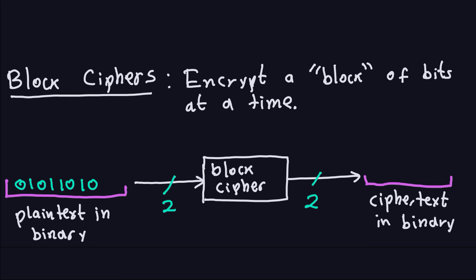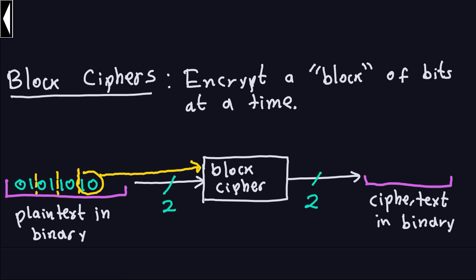So what you have to do really at the beginning is you have to divide it first into the block, whatever that block might be. So let me use another color here. So let's say you take that and you divide it into chunks of 2 bits. And so every 2 bits here will go through this block cipher.